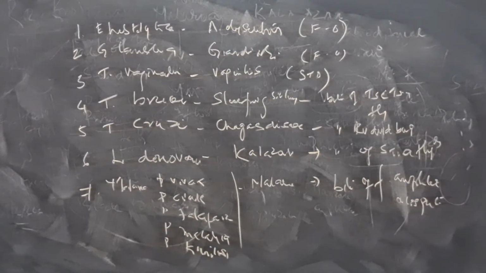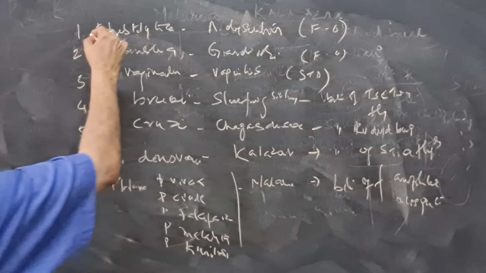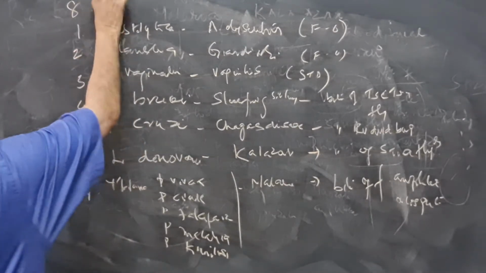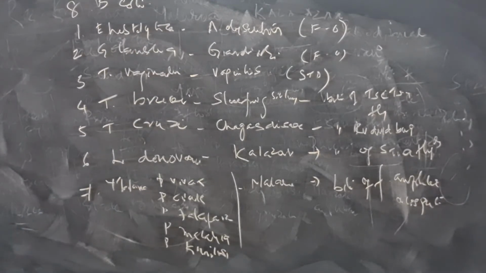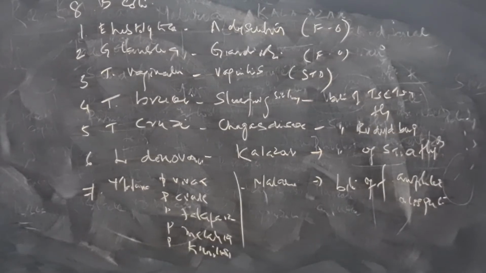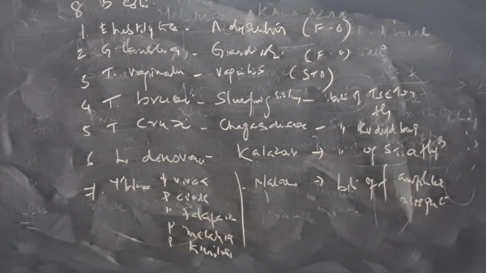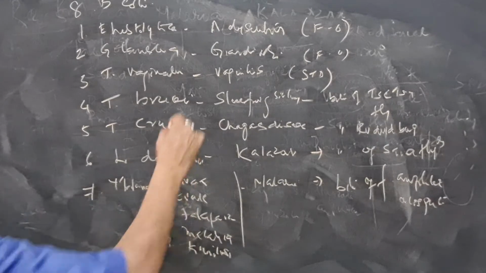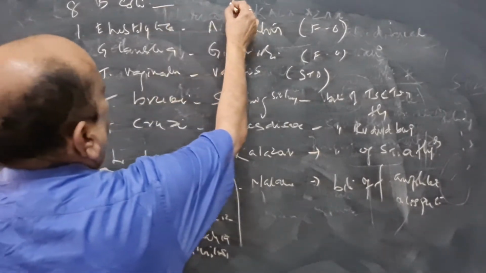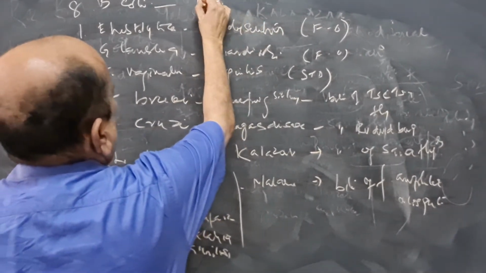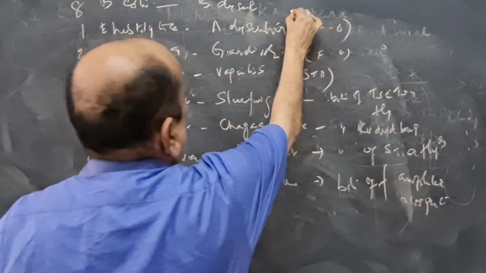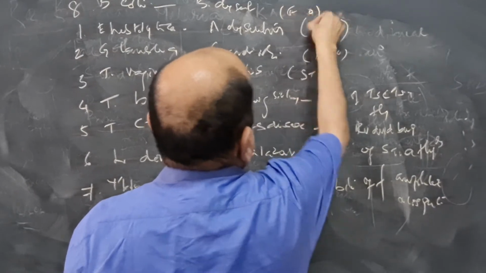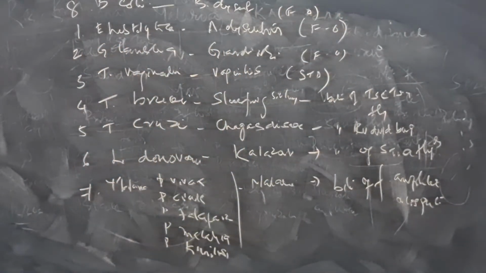So we can add some more protozoa. Next is 8, Balantidium coli. It gives rise to a dysentery like amoebic dysentery. It's a pig's parasite. Man gets infected by the fecal route, just like amoebic dysentery, called balantidial dysentery.